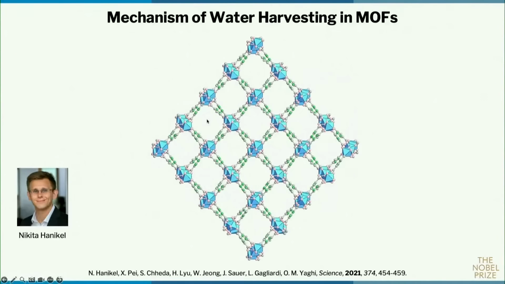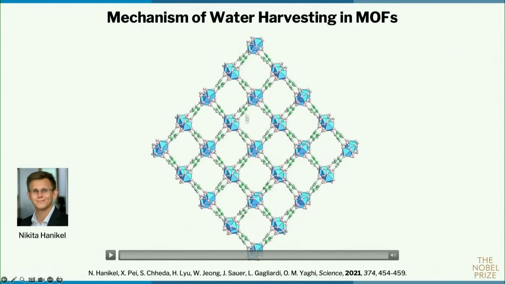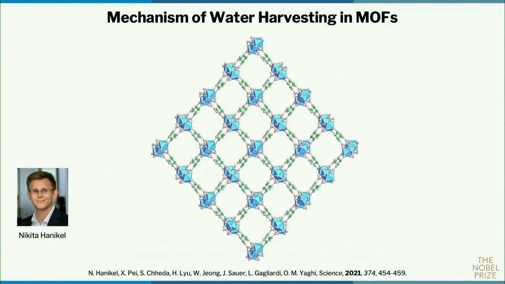So here's an example of a water harvesting MOF. It's called MOF-303. It's made from zinc oxide rods that are going in and out of the screen and linked together by a small organic linker called pyrazolate.